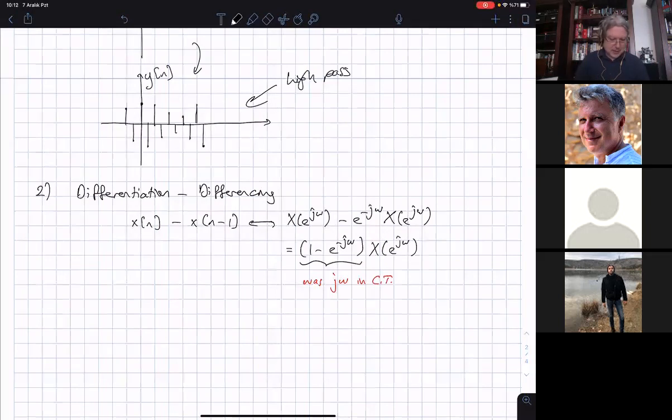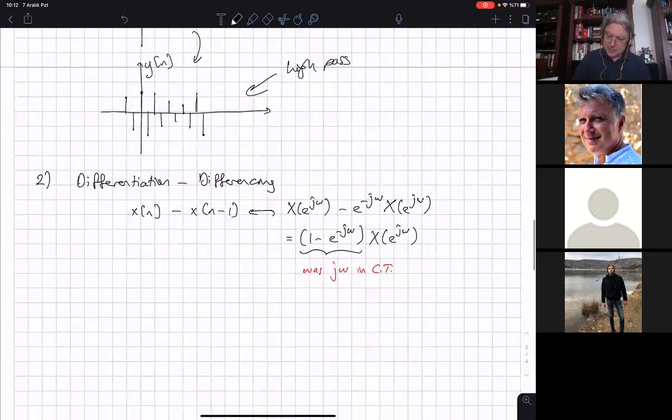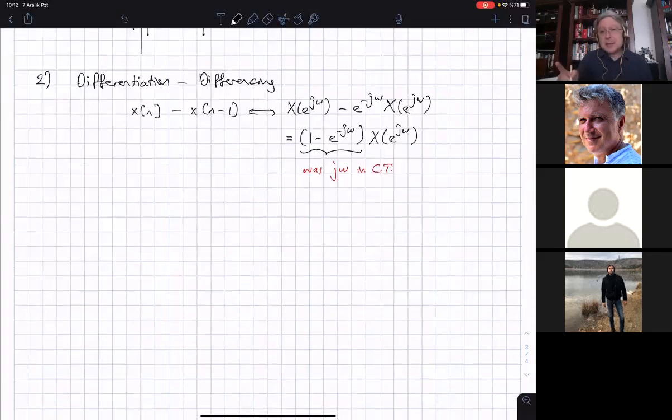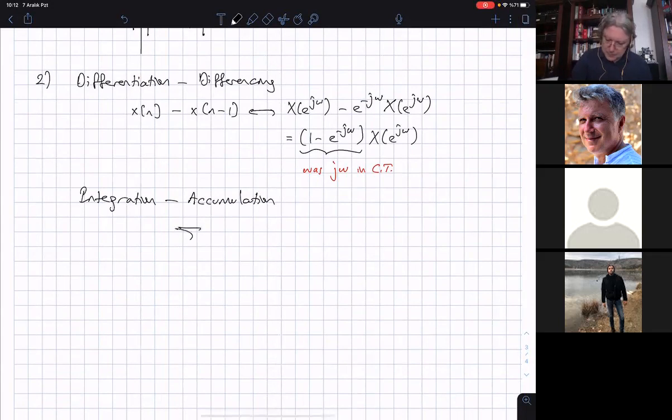So this is the differencing that we have, and it helps us to obtain the integration, which in discrete time may be considered as accumulation, because it is telling me that, let's say, for m from minus infinity up to n, up to the index of the signal, x of m.